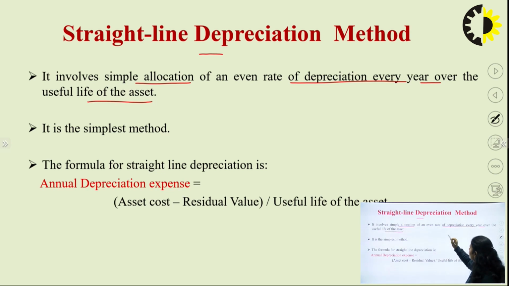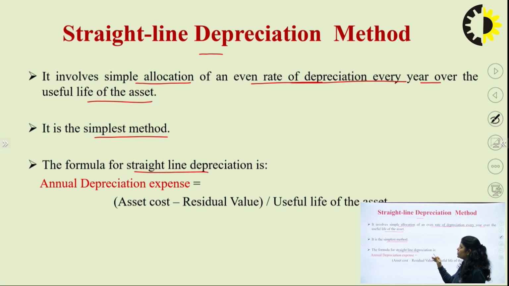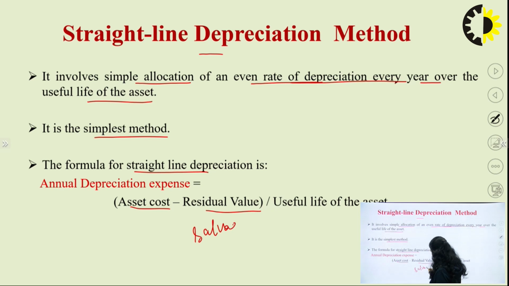It will have an even rate of depreciation every year over the useful life. So we can say it is one of the simplest methods. What will be the formula to calculate the depreciation as per this method? This will be asset cost minus residual value, or we can say the salvage value.